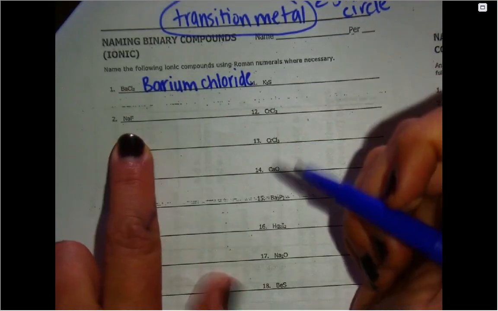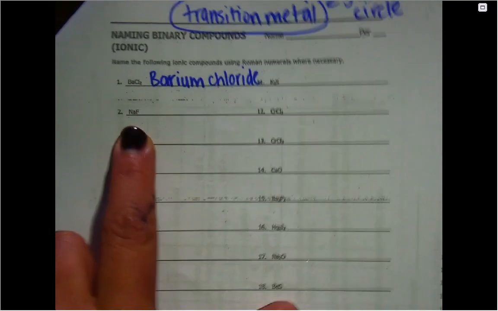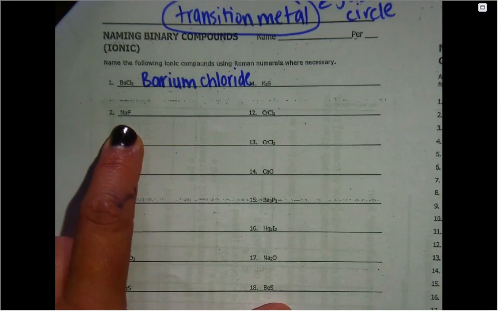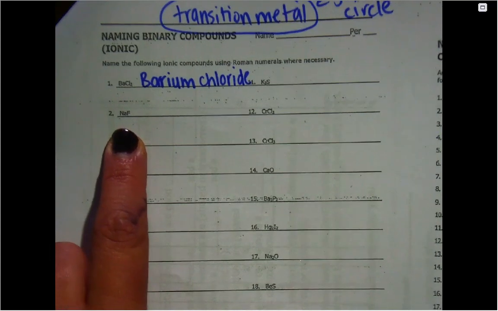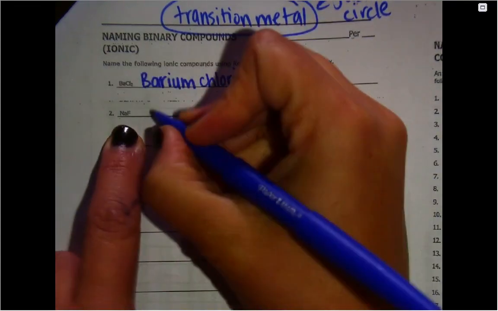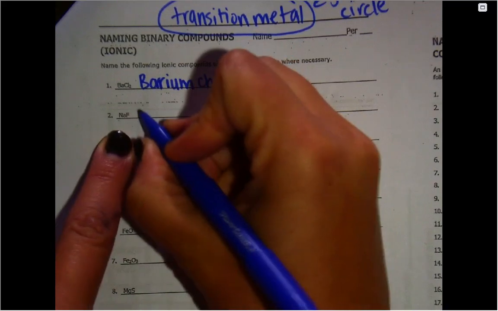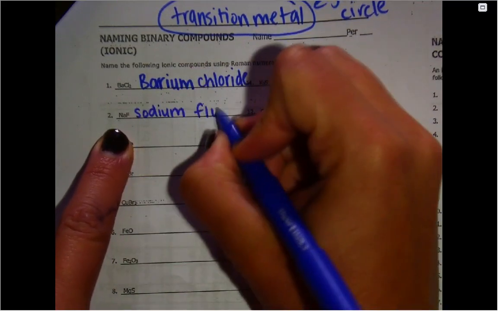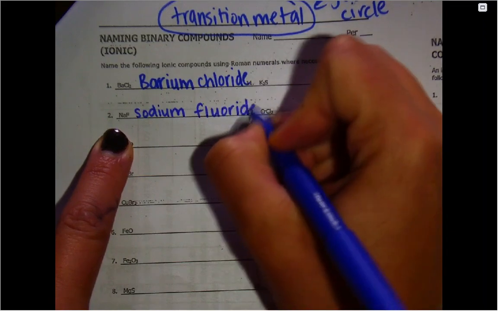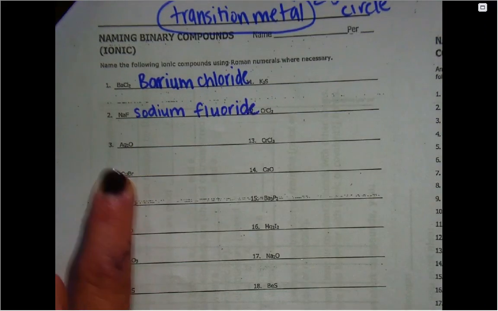All right, next one. We have NaF. Is there a metal? Yes. Is it binary? Yes. Does it contain a transition metal? No, so we're just going to name it as is. So Na is who? Sodium. And fluoride. Good. Okay.